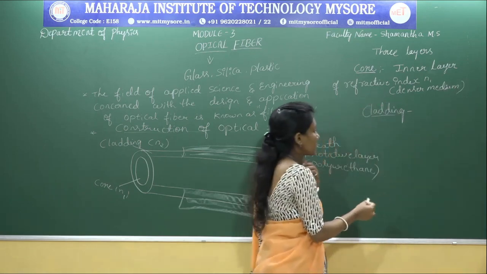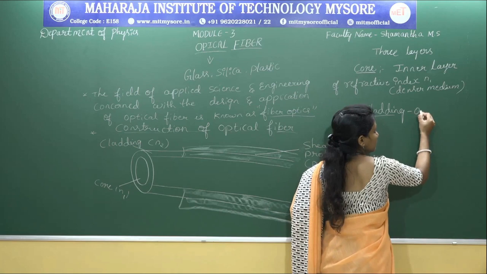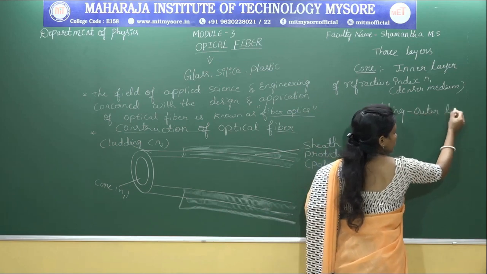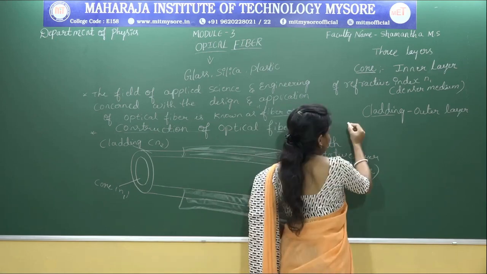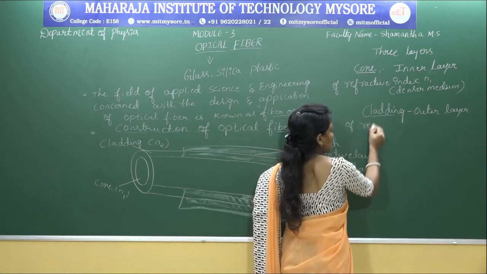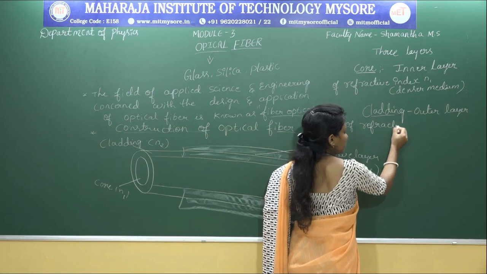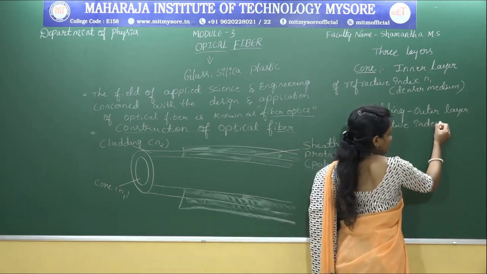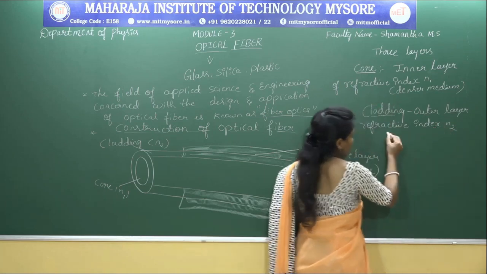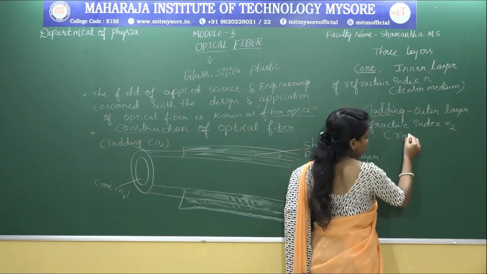And the cladding is the outer layer of refractive index N2. So that is the rarer medium.